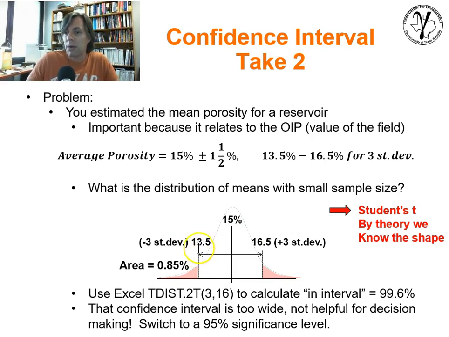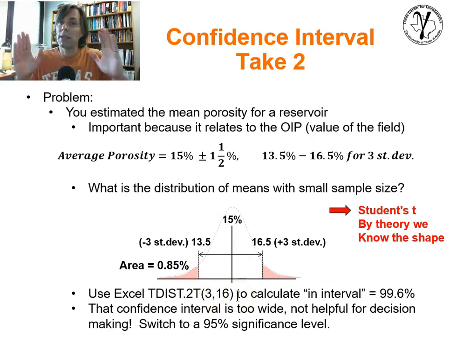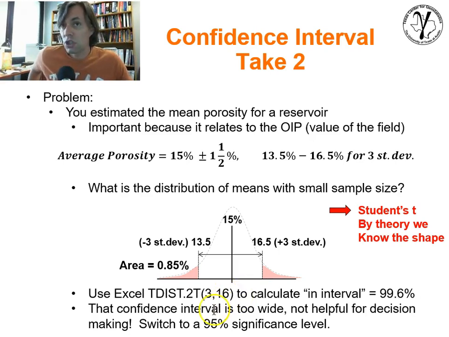If we take our 3 standard deviations, plus and minus, and calculate it using theory that tells us the distribution shape would be student T in this case, and we look that up, we find that our interval of plus or minus 3 standard deviations for the distribution shape we would expect is now containing 99.6% of the probability. In other words, our confidence level is 99.6%.